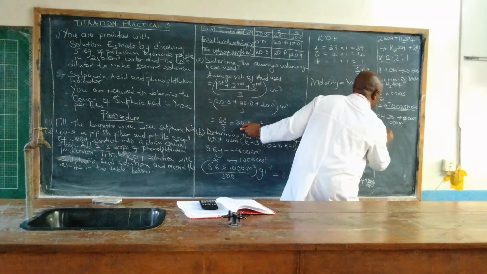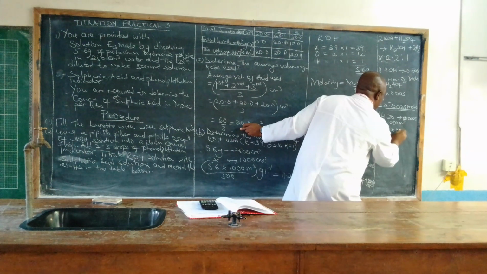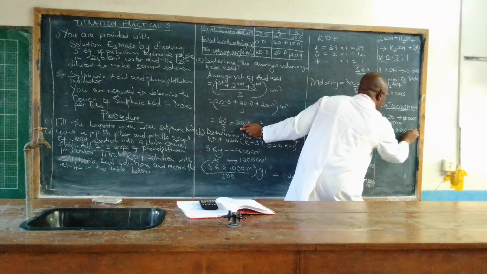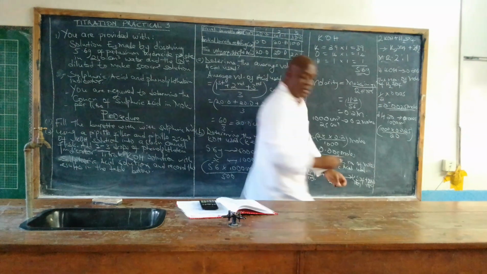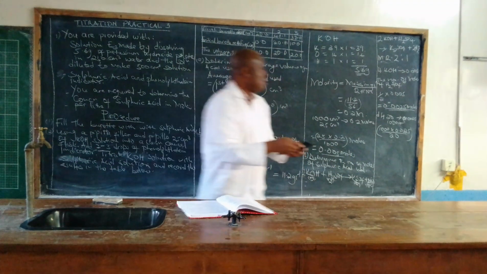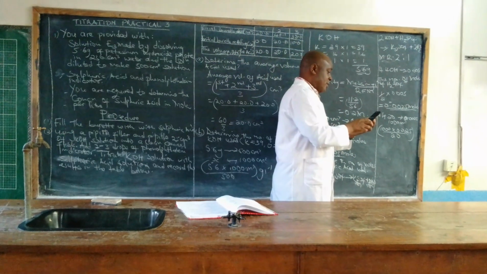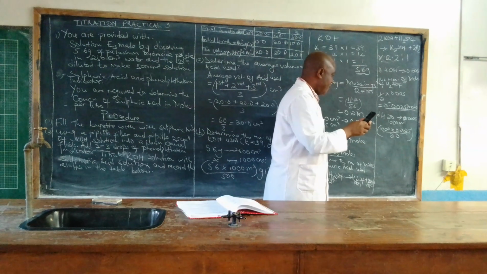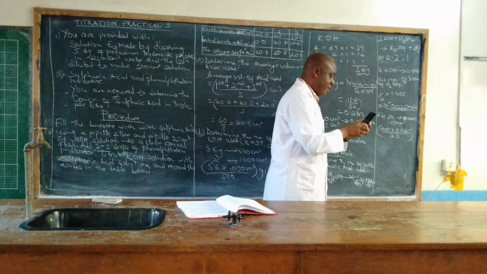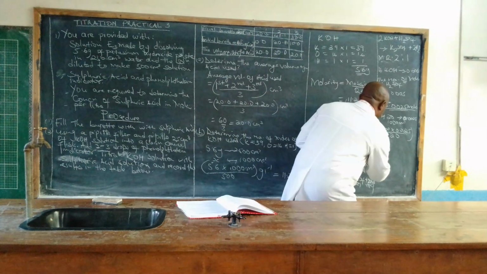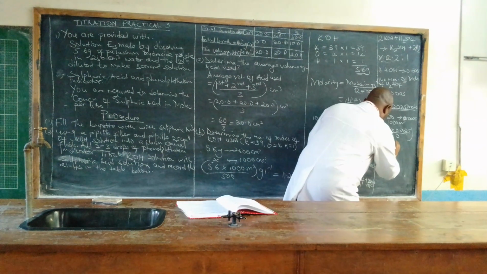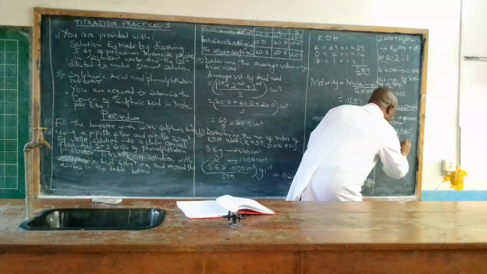You say 1,000 times 0.0025 divided by 20. It's going to give us 0.125 M.